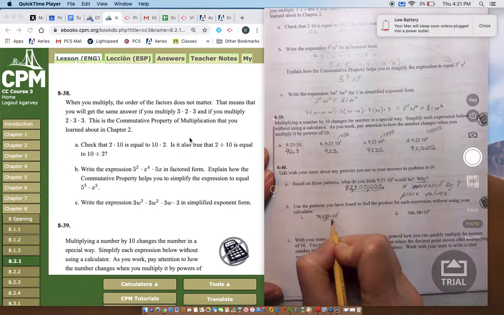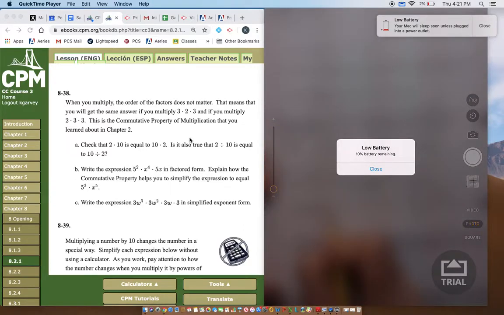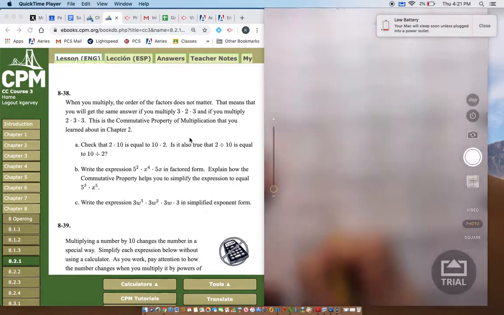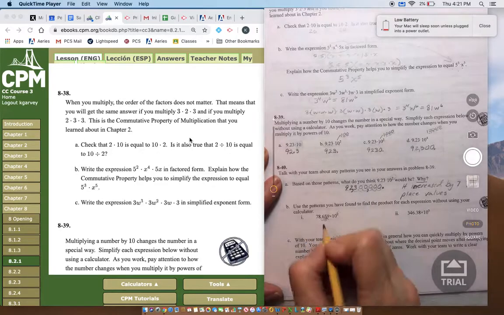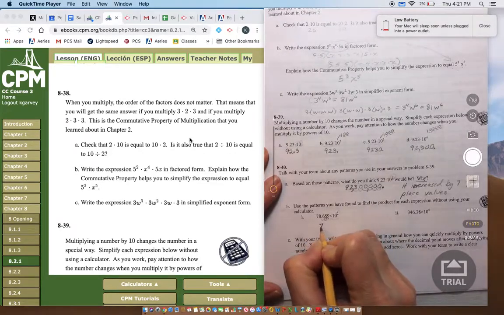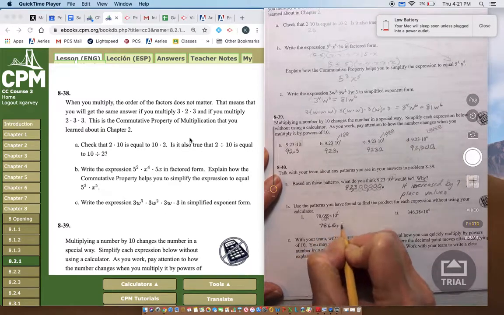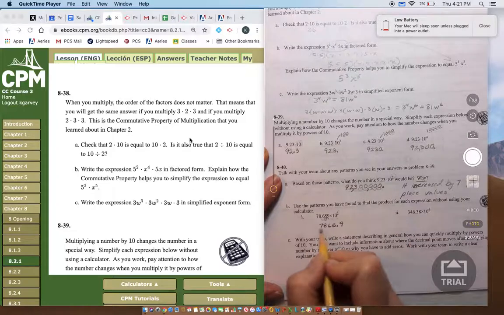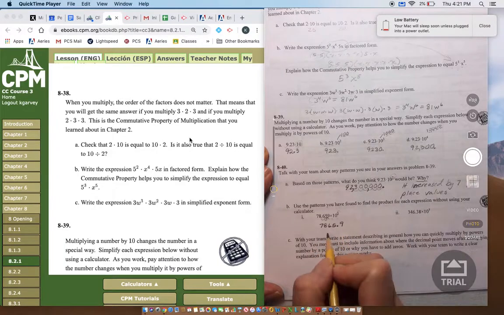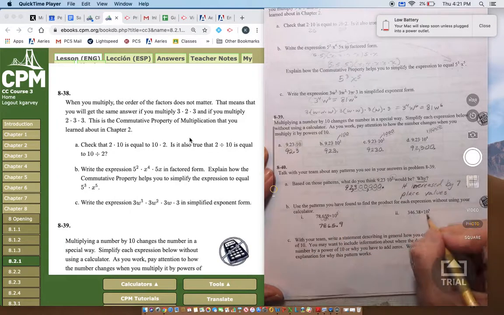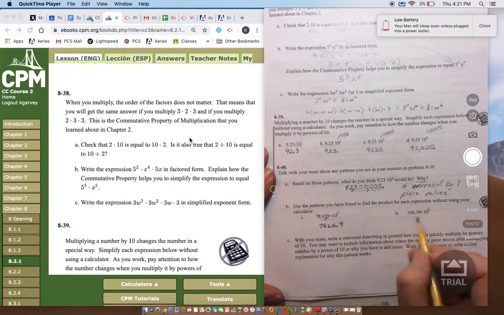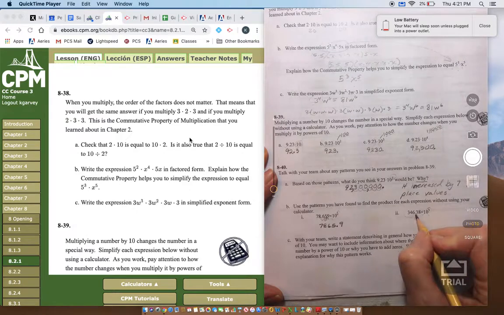So 10 to the second power times 78.659 will end up being 7865.9. Then we'll put the decimal point, and there we have our final number. If we look at this number, 10 to the 5th power, so that's going to increase this number by 5 place values.